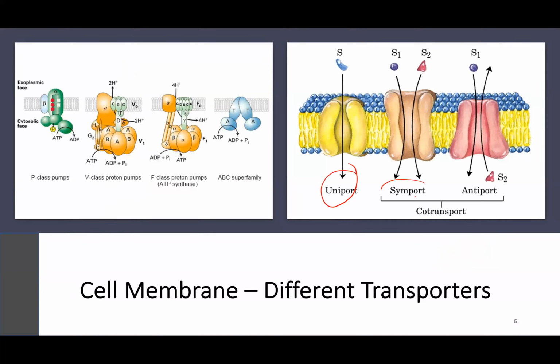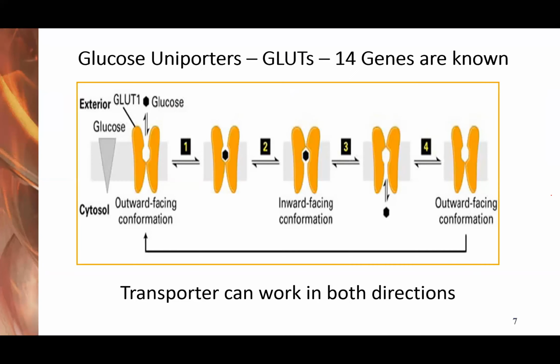Antiport is where one molecule gets in and the other molecule is secreted out. In the symporter, both get in. The glucose SGLT is the symporter, and the antiport is where one gets in, usually potassium. Hydrogen or potassium sodium exchange is the antiport. So the cell membrane has different transporters.